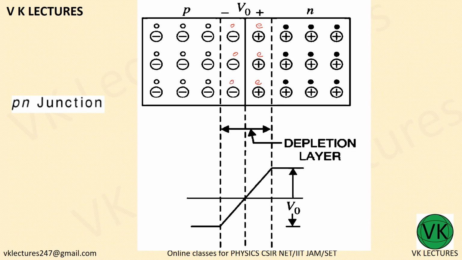See, once it is joined, as I already said, this hole is a strong center of attraction for electrons. These electrons will readily move towards the neighboring holes. Once that has happened, who is losing this electron?